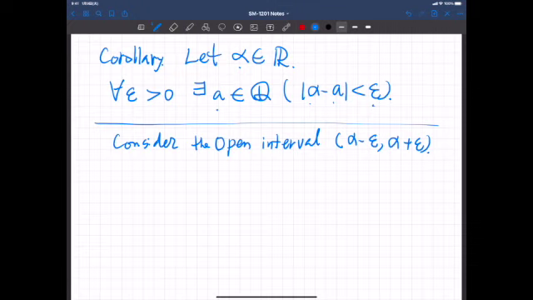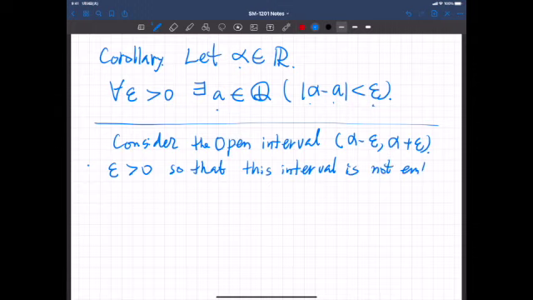It is important to ensure that this interval is not empty, since epsilon is positive, so that this interval is not empty. If this is empty, there cannot be any rational number in between, right? So we have to ensure this.